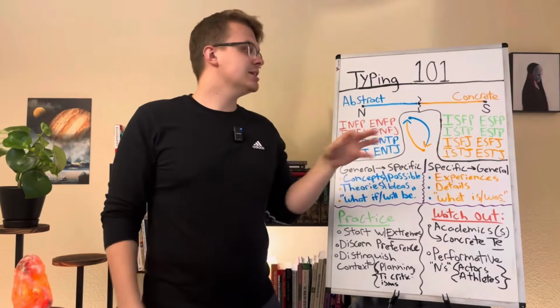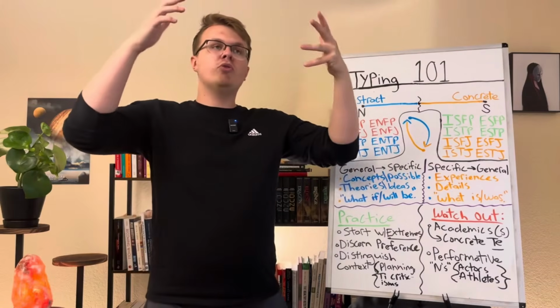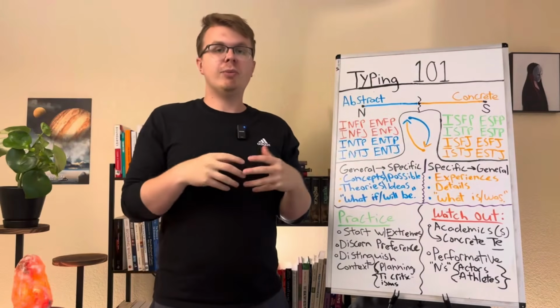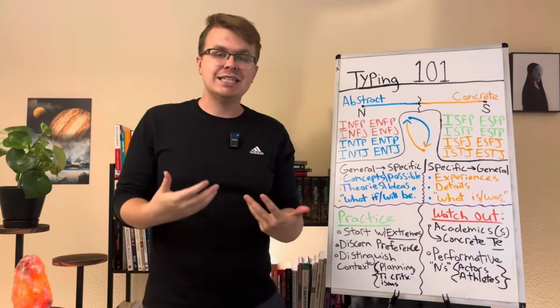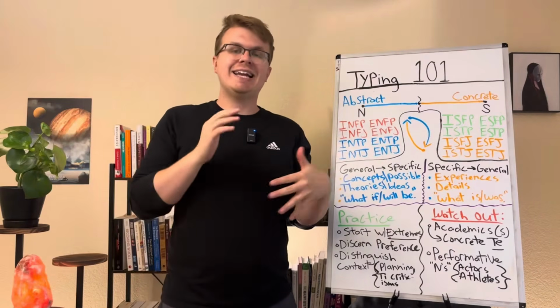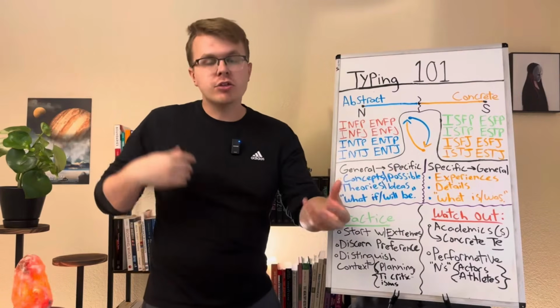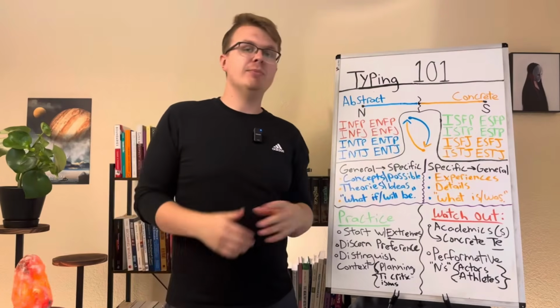So the mechanic is similar. All the concrete types, all the S types, move from a sensing function into an intuition function. But it's probably like an 80-20 thing where they rely 80% on their sensing, and then through that they can build up to some intuition.